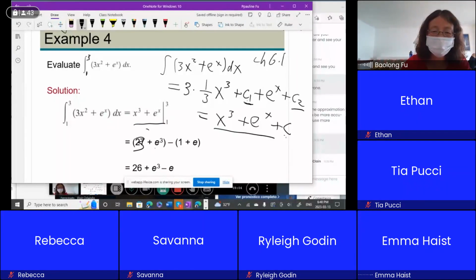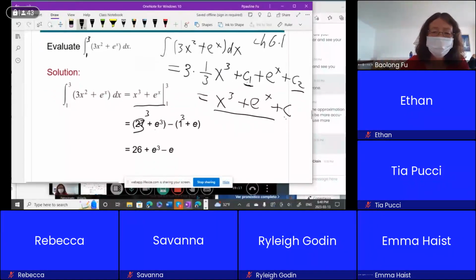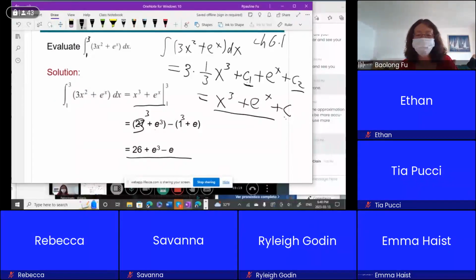Then plug in x with 1. So 1 raised to power 3. And this is the final result. Any questions?